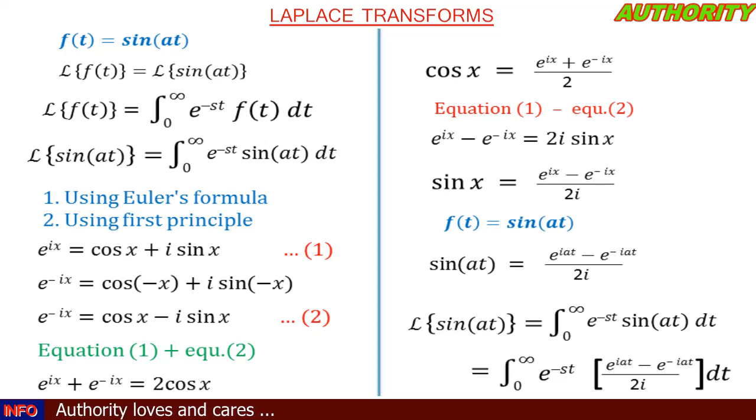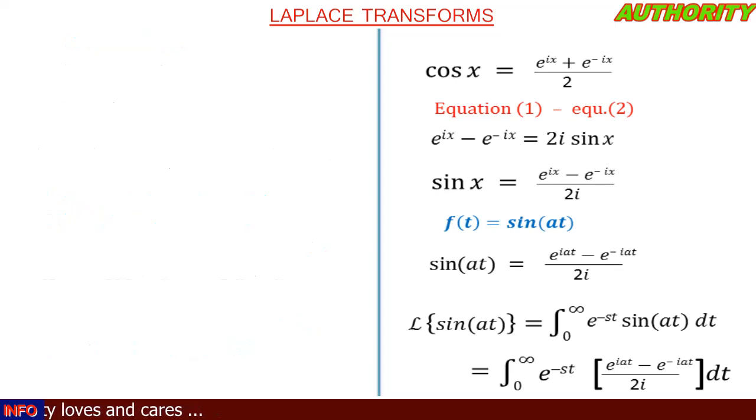In doing so, this is what we are going to have: the integral from 0 to infinity of e raised to the power of minus st, open bracket, e raised to the power of iat minus e raised to the power of minus iat, all over 2i, dt.